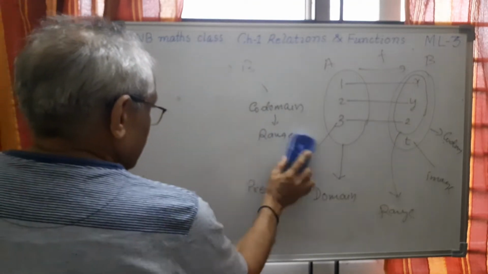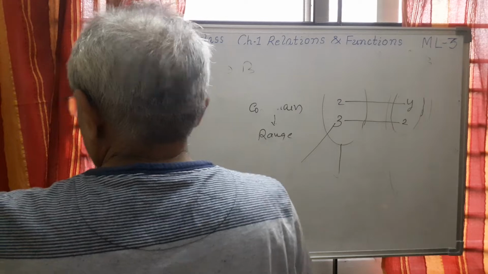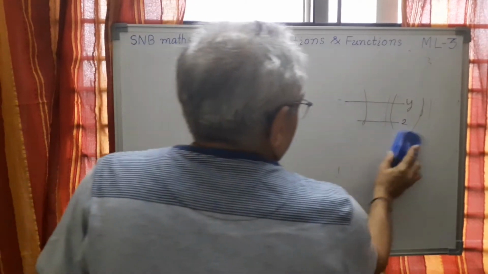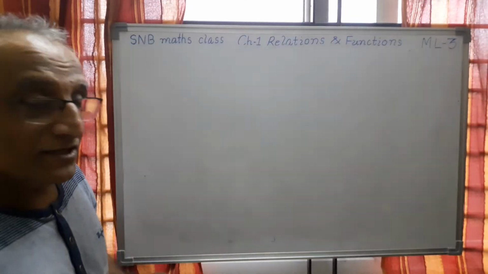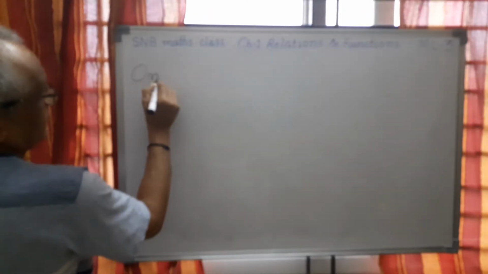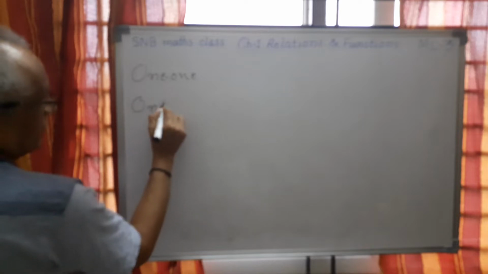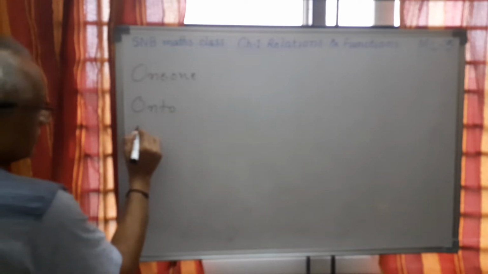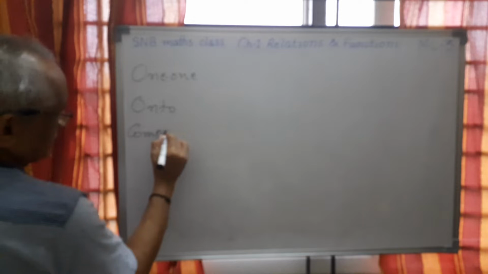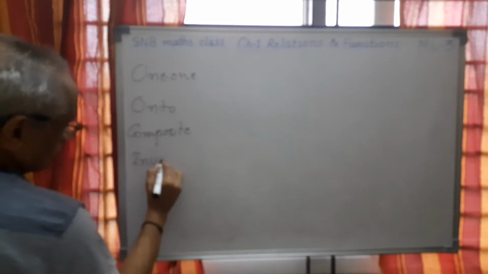Now in this class, let us study the types of functions. First let me introduce the types of functions which we study this year. First one is one-one function. Second one is onto function. Third one is composite function. Last one is inverse.